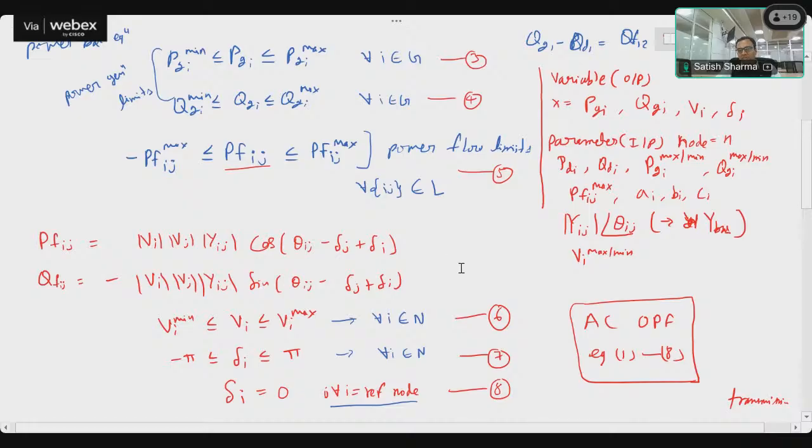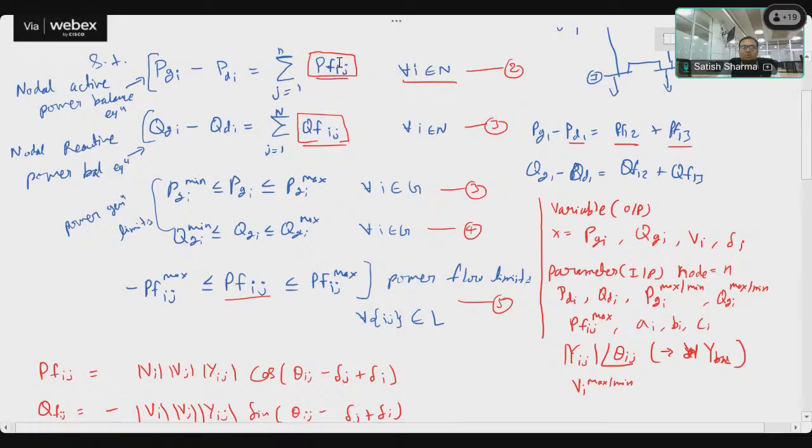I can use those as extra equations, and then I can have PF and QF as dependent variables as well. But I don't want to create more variables, so I would generally replace them as per these values, PF and QF.